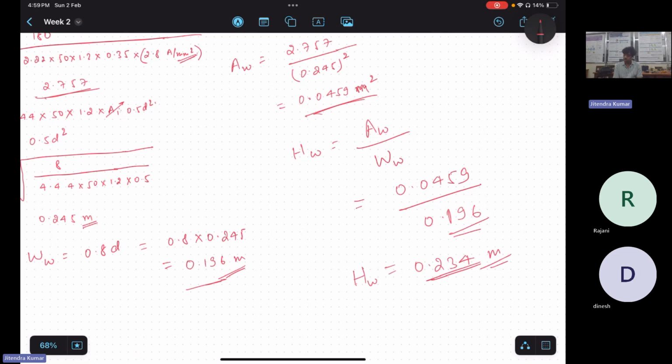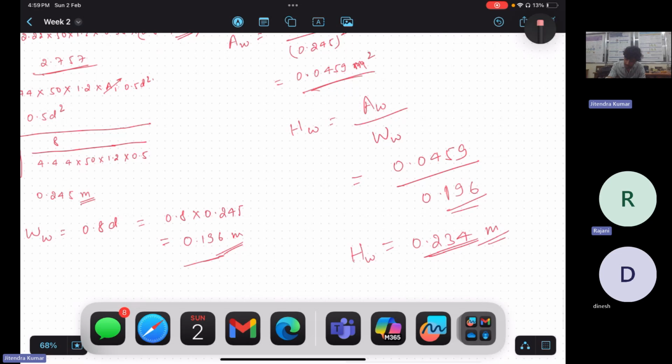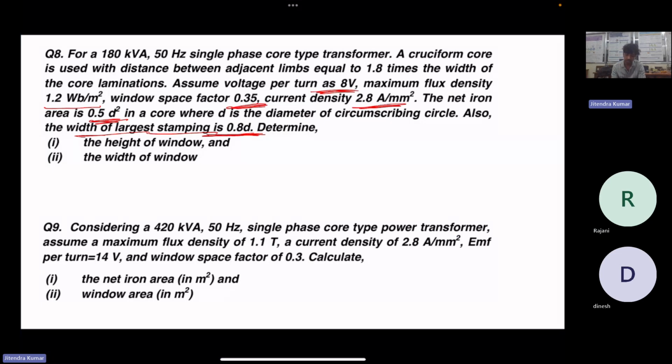So is it fine? Or do you have any doubt in this problem? Or do you think we have done any mistake there? Because we haven't used one important piece of information in the problem. Did you see any extra information there?